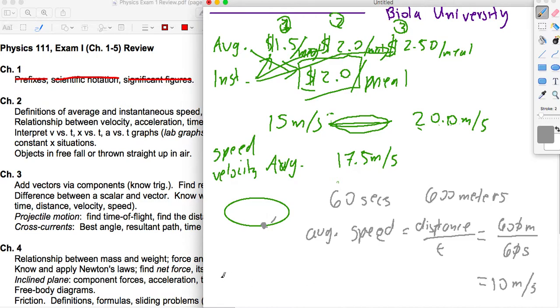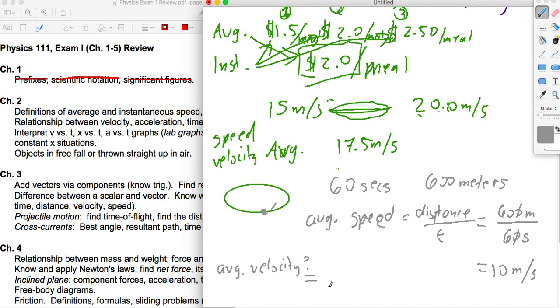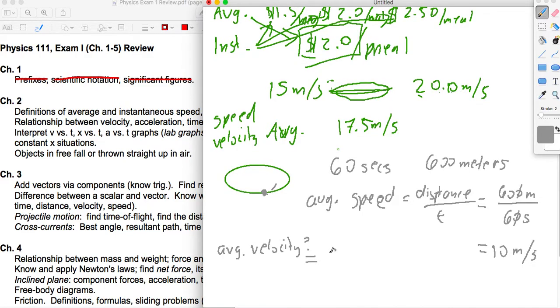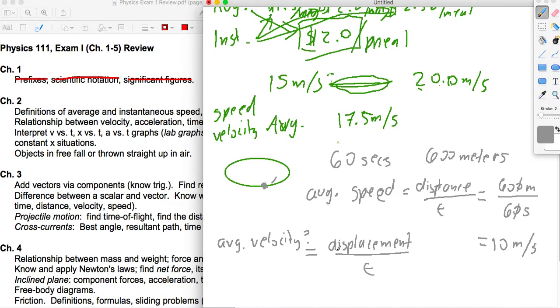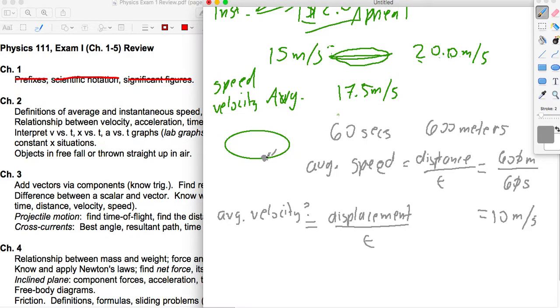Now, if they ask you for average velocity, what do you guys think it would be? 10 meters per second, maybe? Not really, because remember, in velocity, again from our previous videos, we know that this is displacement over t. So what was our total displacement? We started here and we ended back here again when we ran. What does that mean?